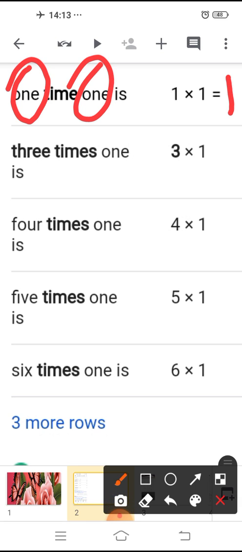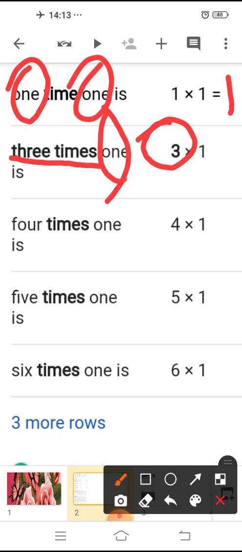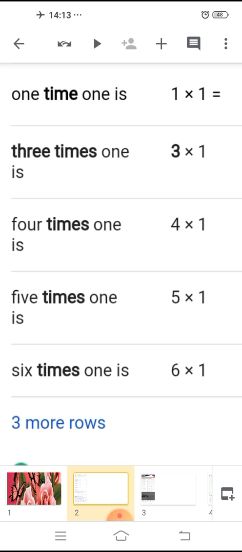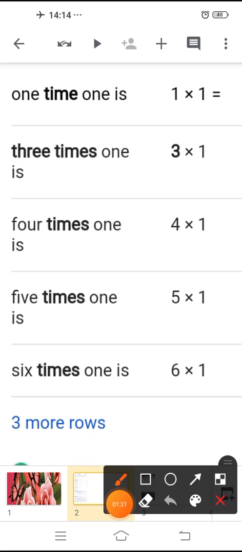Now 3 times 1 means the number we are writing first, we multiply with the number written second. So 3 times 1 means 3 into 1, that will give you 3.